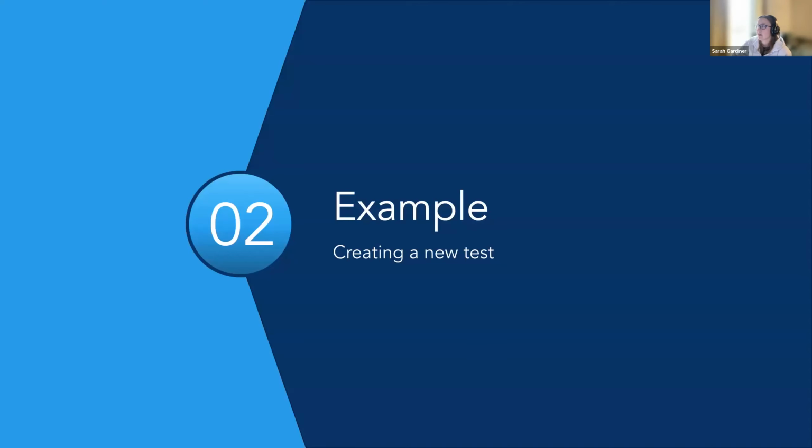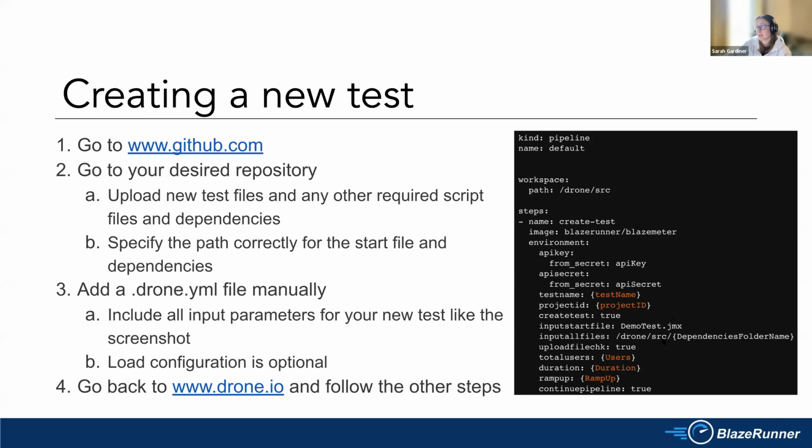And then for creating a new test, it's not very different. You have to specify a few more things because you are creating it instead of just running an existing one. The beginning part of this is fairly similar. Going to GitHub, you've got your repository. You do have to upload your new test file in addition to any files and dependencies. Then you have to specify your path.